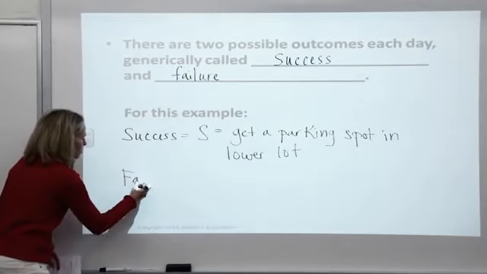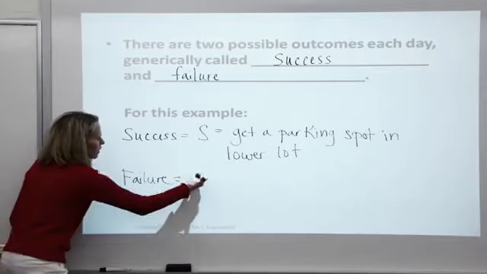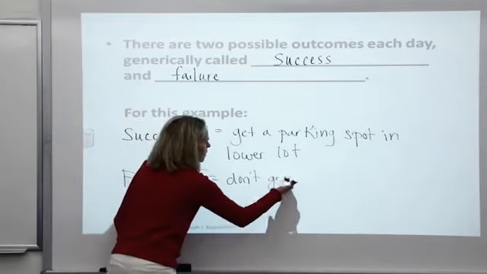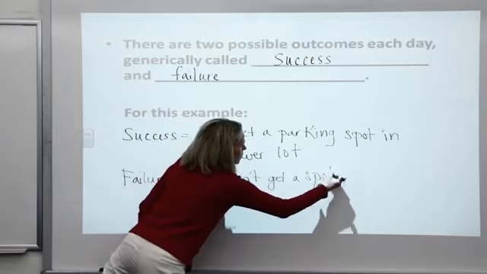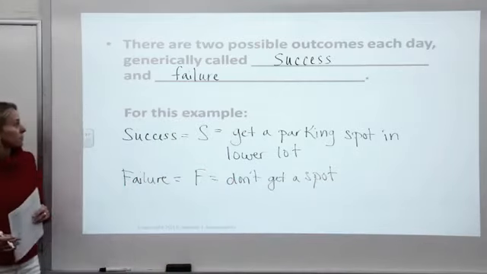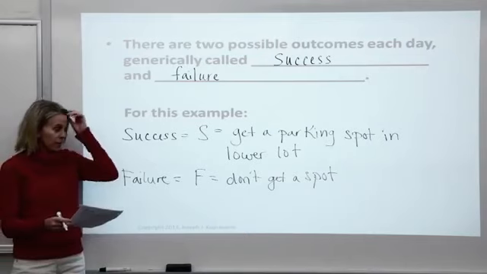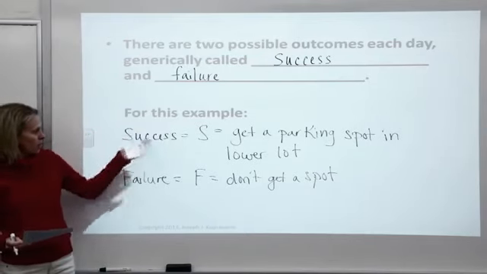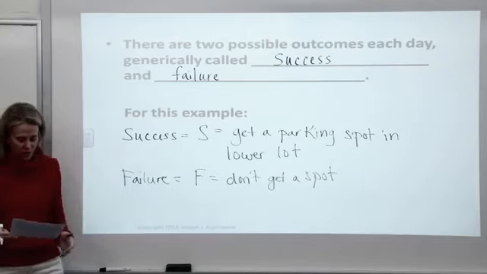So for failure, we'll call that event F, and you don't get a spot in the lower parking lot there. Okay, so we'll always have two outcomes. We'll identify which one we're going to call a success, which one we're going to call a failure.